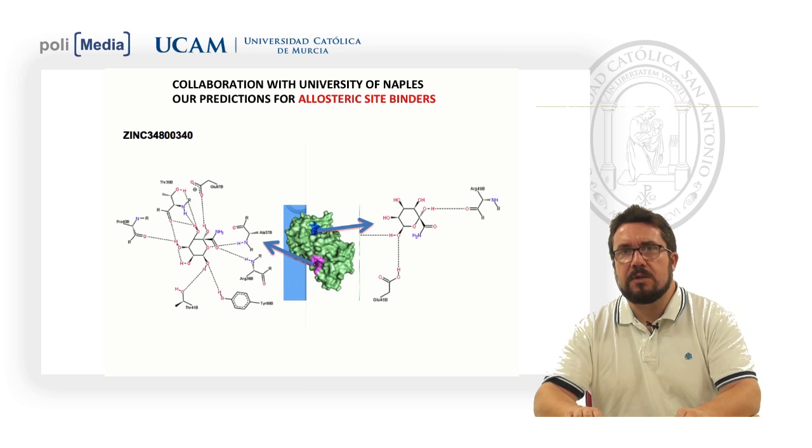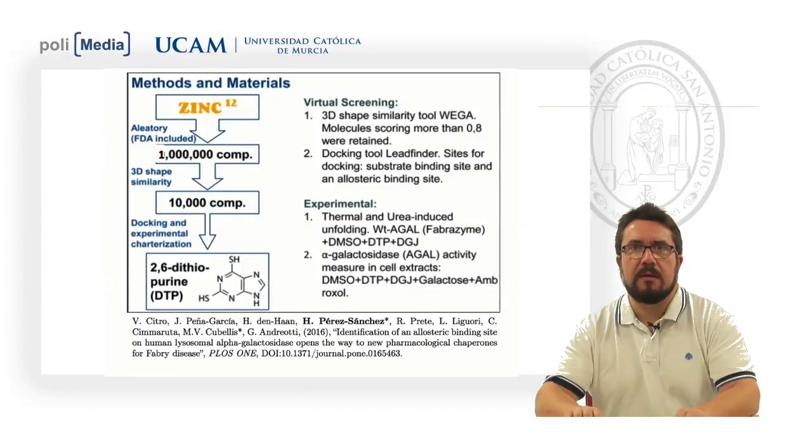And the approach was to screen a library of compounds in order to predict compounds that would interact very little or with almost no interaction on the active site, but which would have a high number of interactions in this identified allosteric site.